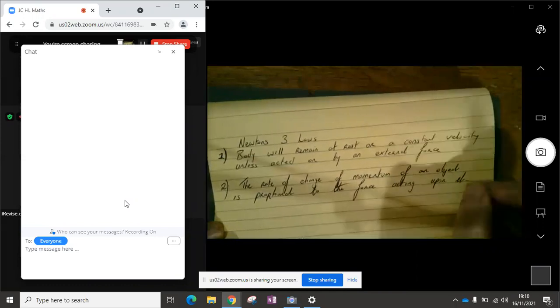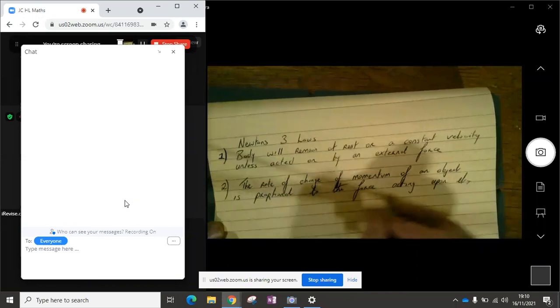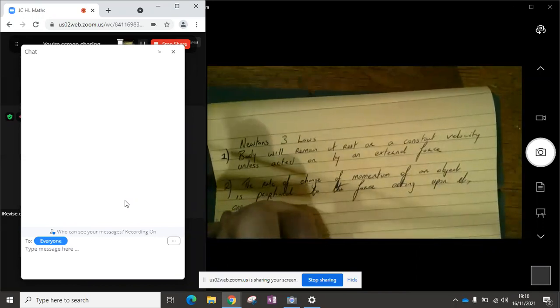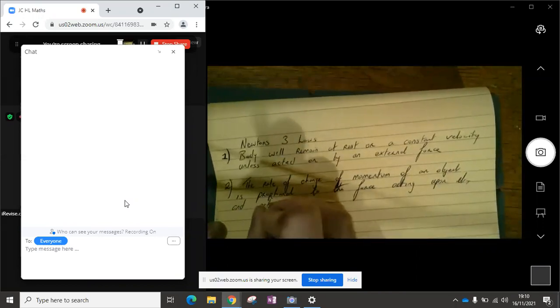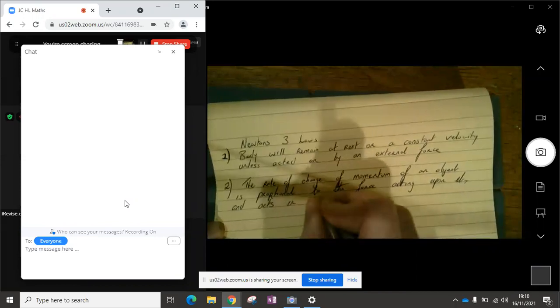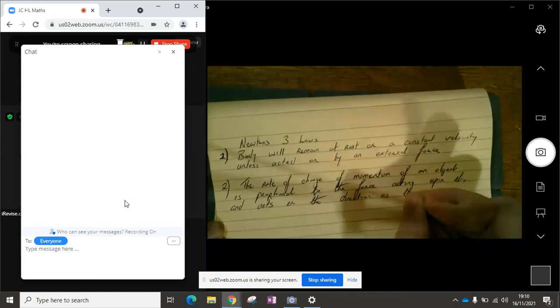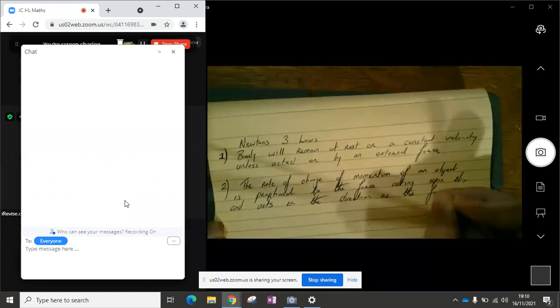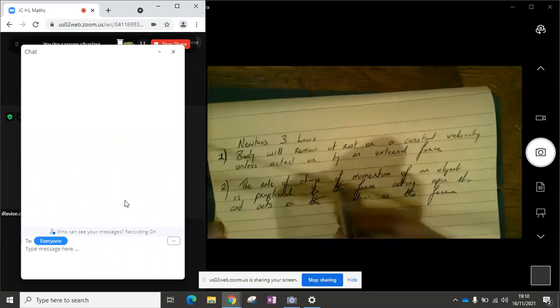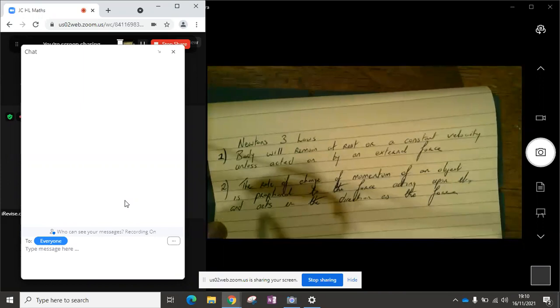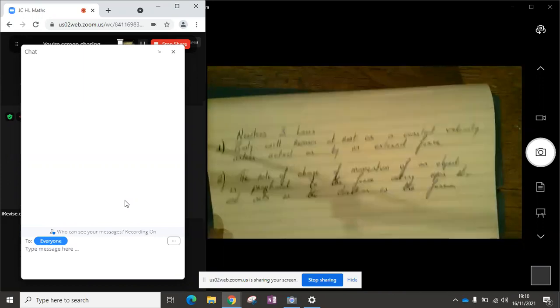Okay, and there's a small bit because momentum is a vector and acts in the same direction as the force. Okay, so that sounds like a lot, but it's not really. The rate of change of momentum of an object is proportional to the force acting upon it and acts in the direction of the force. Break it down like that.